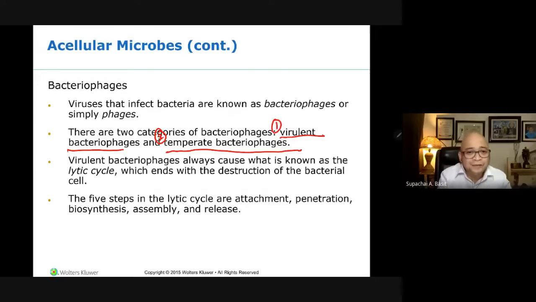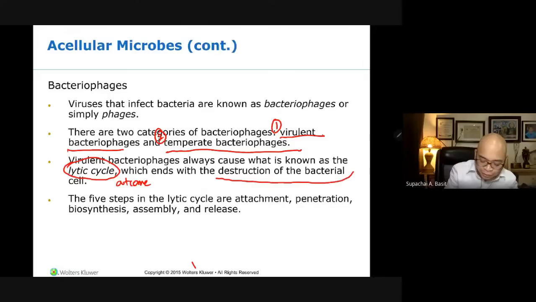When you say virulent bacteriophages, they undergo the life cycle known as the lytic life cycle. And what is the result of the lytic life cycle? The outcome of the lytic life cycle is the destruction of the bacterial cell.